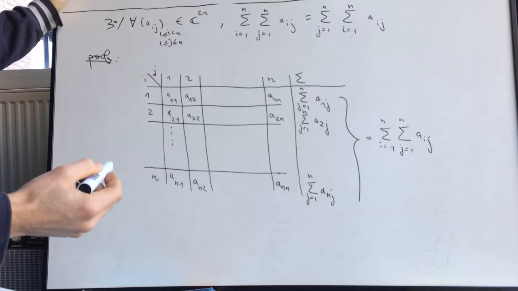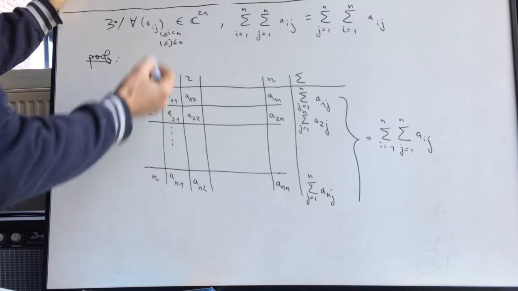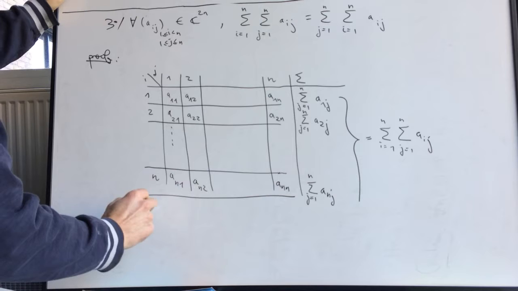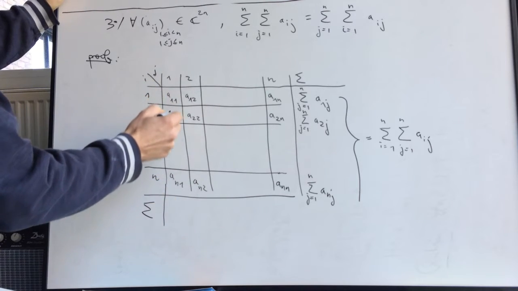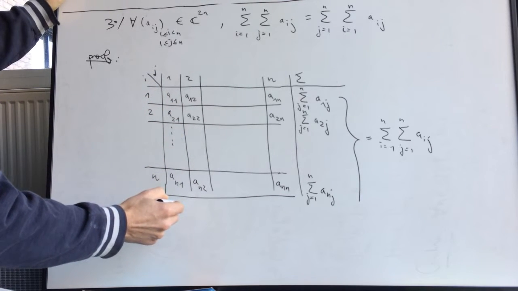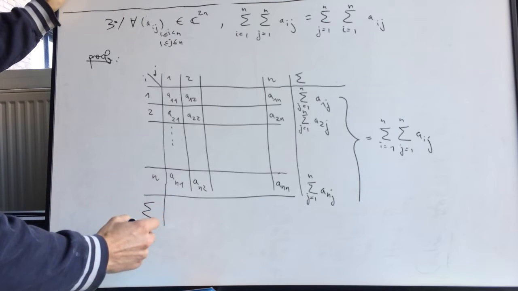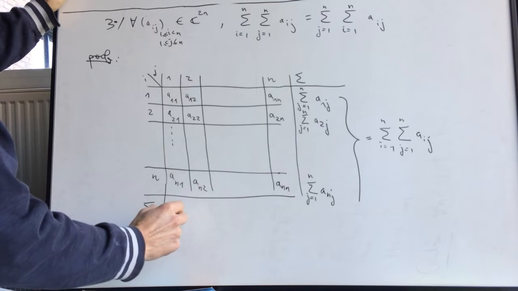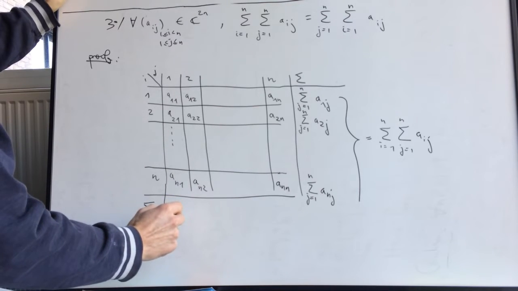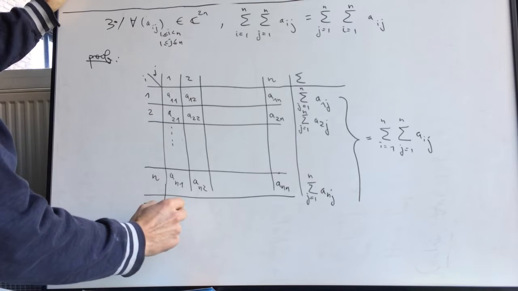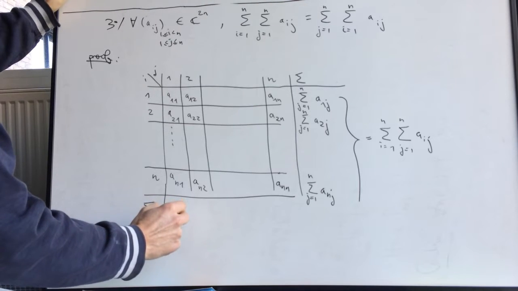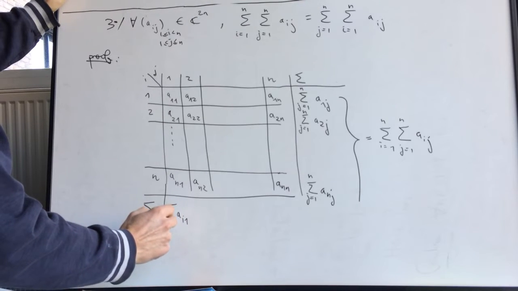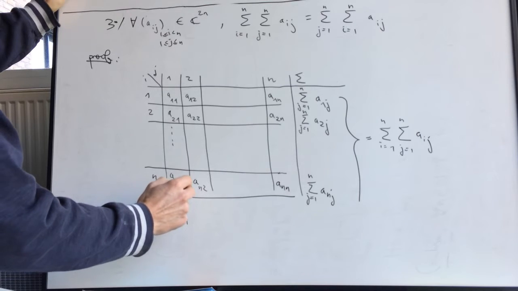And secondly, we are going to sum by column. So when we sum by column, the sum of all the terms of the first column is equal to the summation of a sub i1 when i is going from 1 to n.